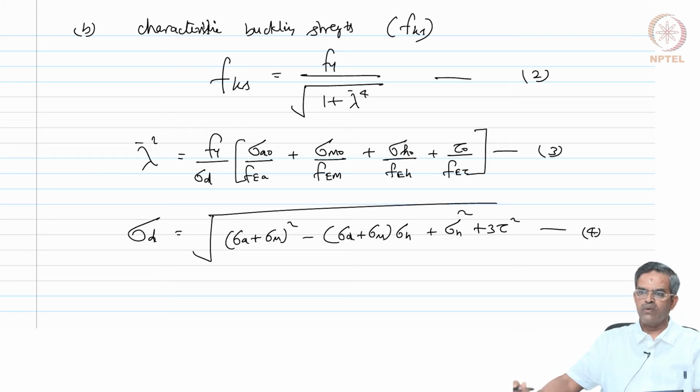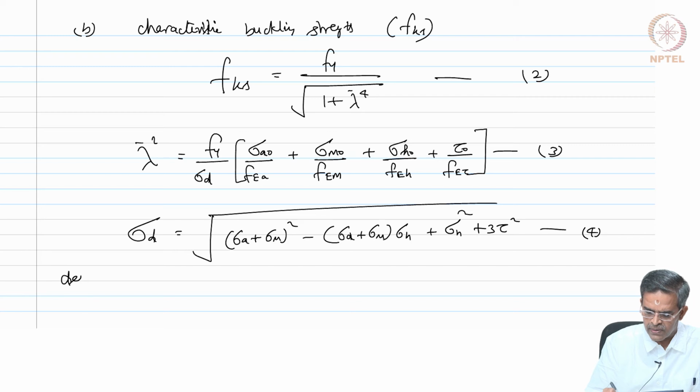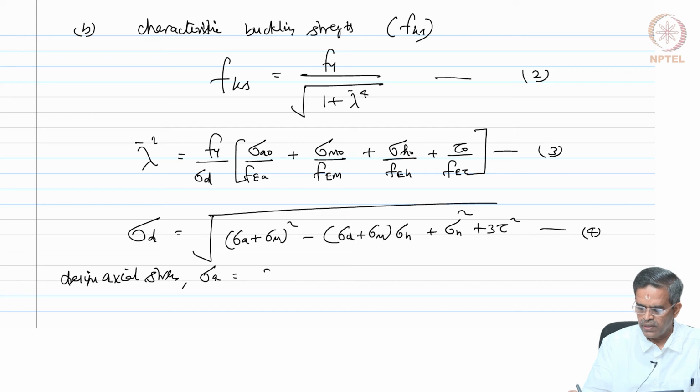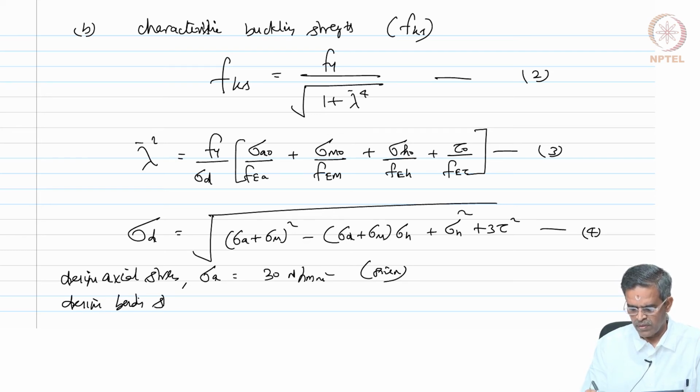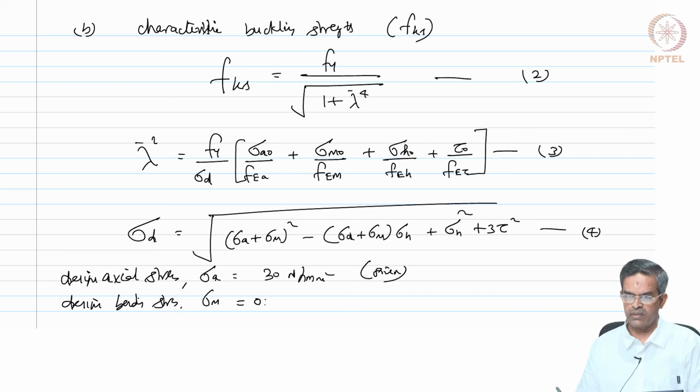Let us substitute the values. We know the design axial stress which is applied on the problem, sigma A is 30, which is given in the problem. Okay. And the design bending stress, sigma M, we should take it as 0 because we are saying it is under pure axial stress.